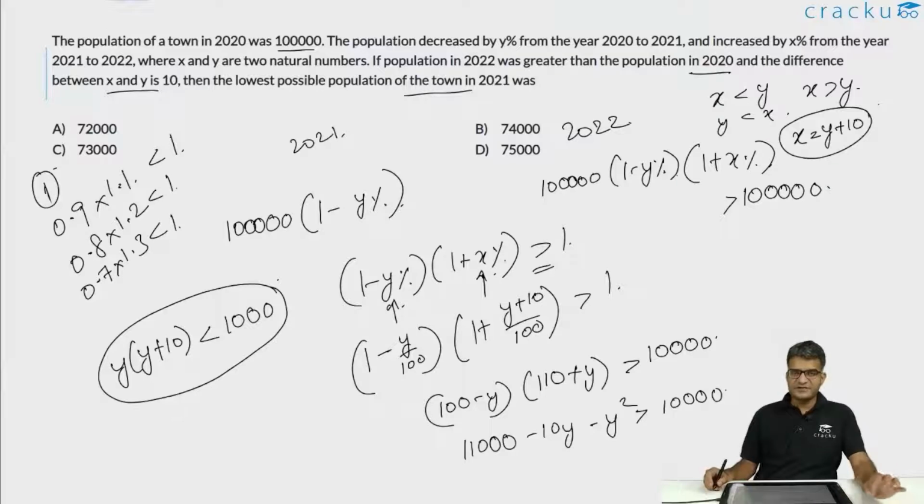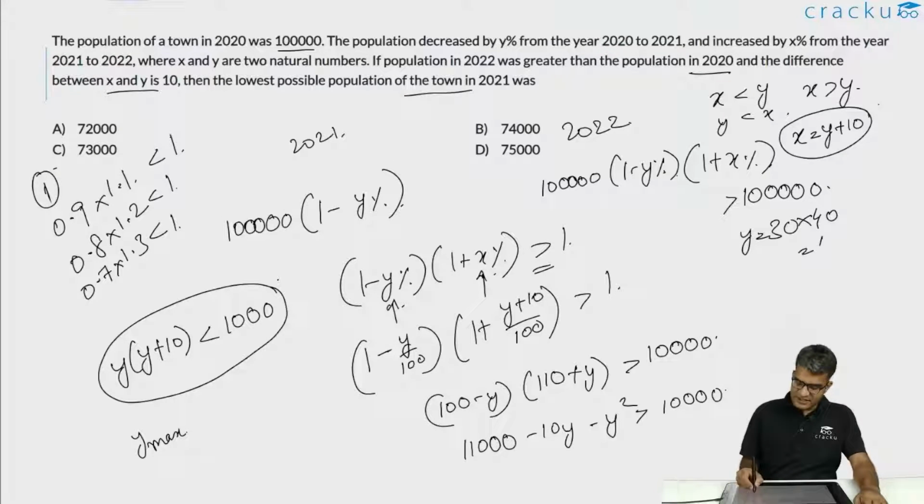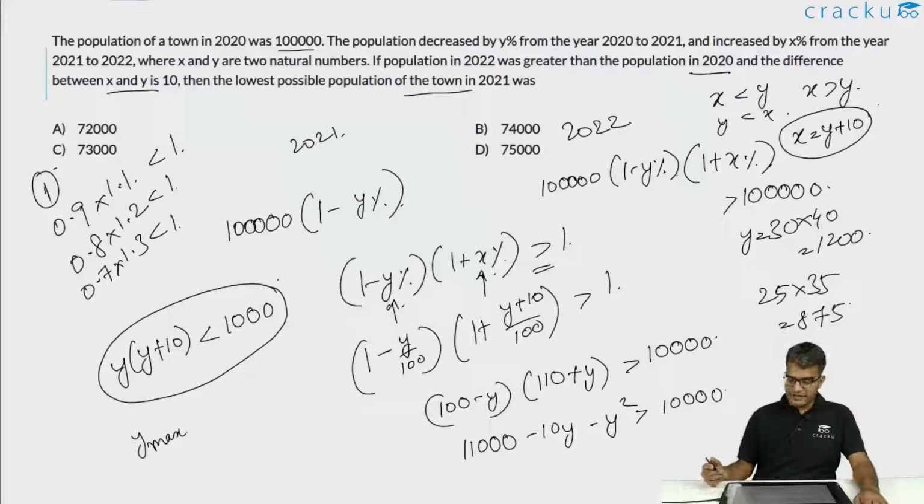So the maximum value that y can take, you can calculate using trial and error. If y is 30, that will be 30 into 40, which is 1200. This is greater than 1000. If y is 25, 25 into 35 is equal to 875, which is less than 1000. You can use trial and error and figure out that 27 into 37 is equal to 999. So the maximum value that y can take is 27.